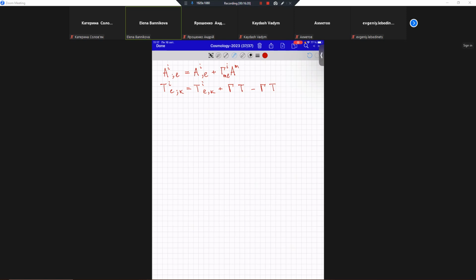So for this part, the top index, the index which is above, the contravariant component, we need to take here i, here k, and summation index p, and here we put the final index l.